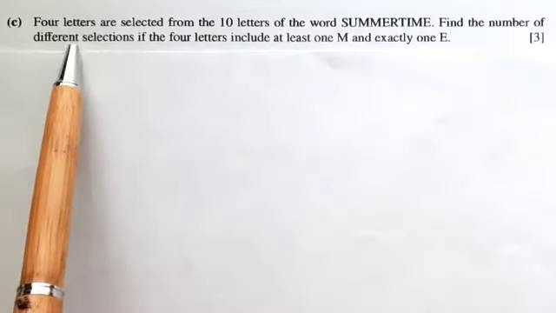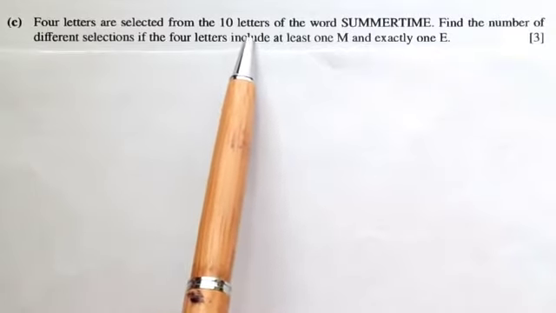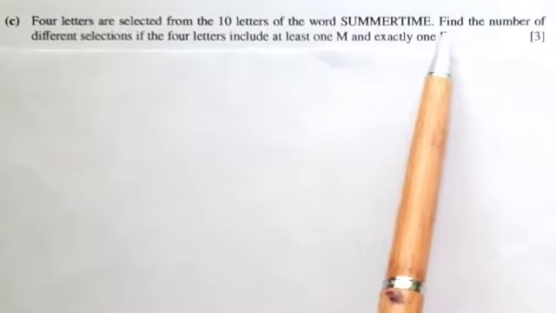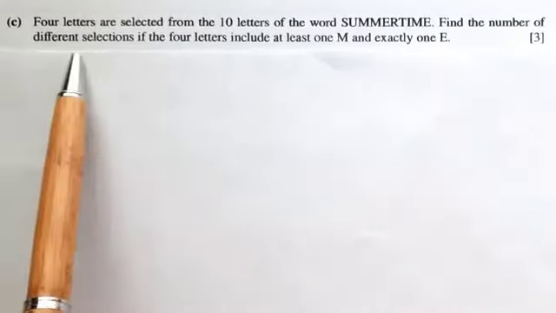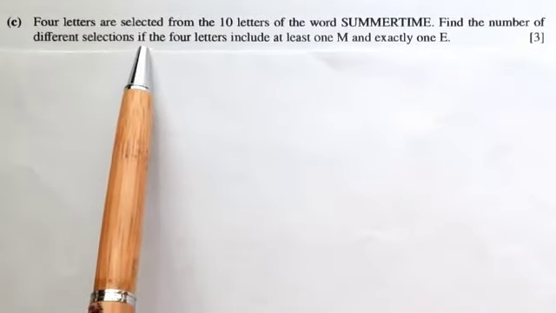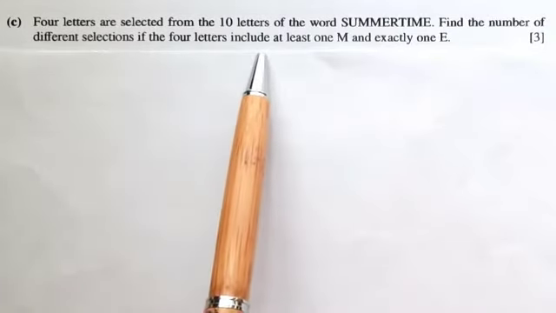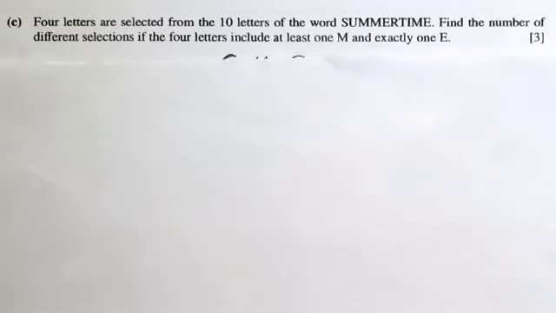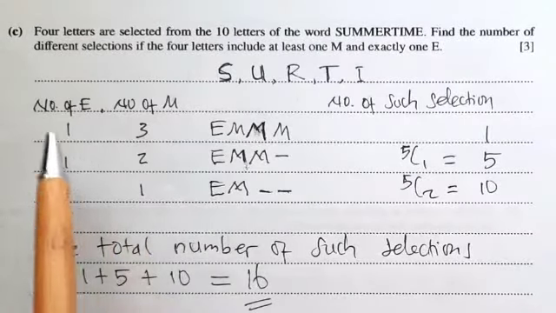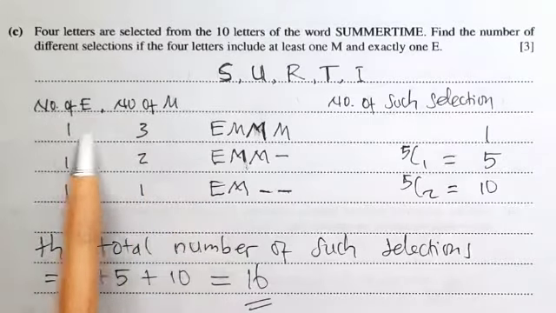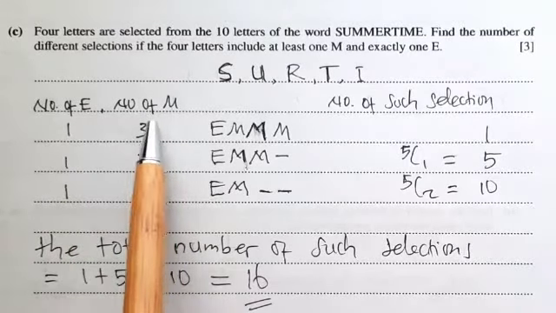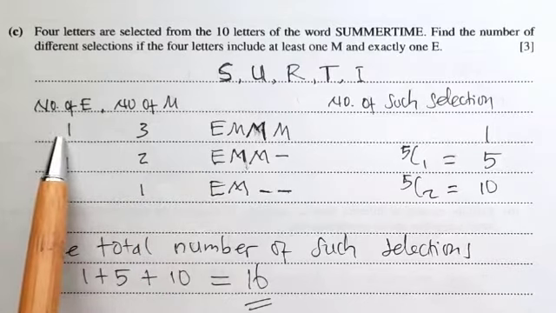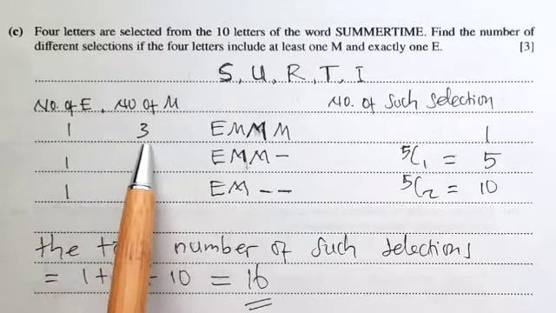C. 4 letters are selected from the 10 letters of the word summertime. Find the number of different selections if the 4 letters include at least 1 M and exactly 1 E. Now, the possible selection scenarios: number of E is 1 and number of M is 3.